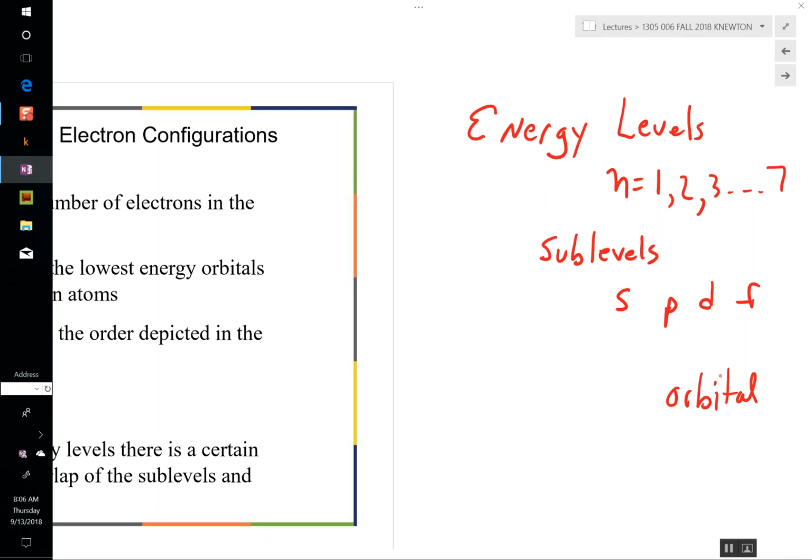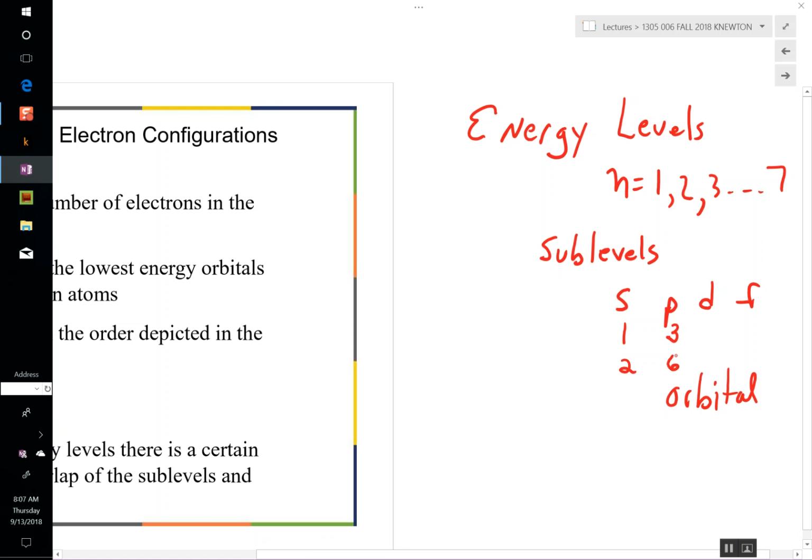Electrons are negatively charged. They don't like to be in the same space or vicinity. The way they tolerate it is that they spin in opposite directions if they have to go in the same orbital. So S only has 1 orbital, it holds 2 electrons. P has 3 orbitals, it holds 6 electrons.